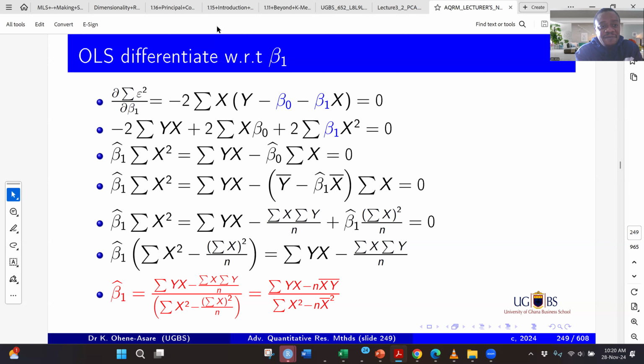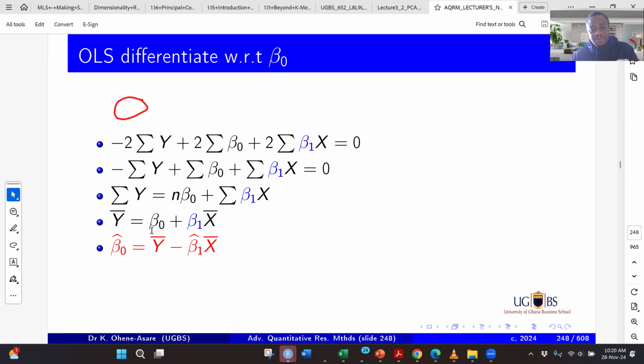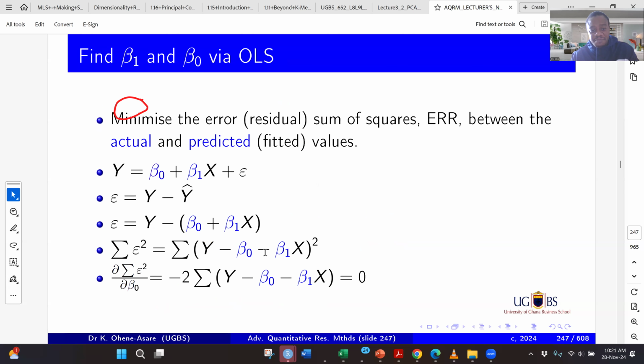So watch it. I'm differentiating everything with respect to beta 1 now. When you go to the equation itself, remember it was squared. So when you differentiate everything with respect to beta 1, that comes here, it becomes minus 2. Now, why is it minus 2? You are differentiating with respect to beta 1, and there's a minus in front of beta 1.